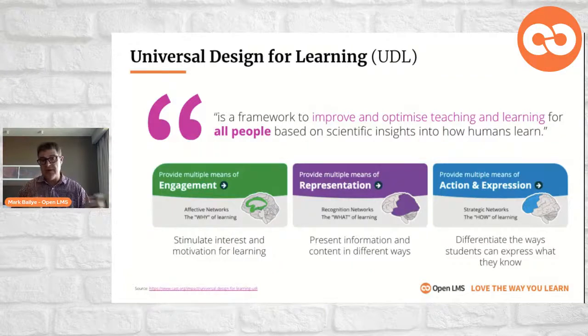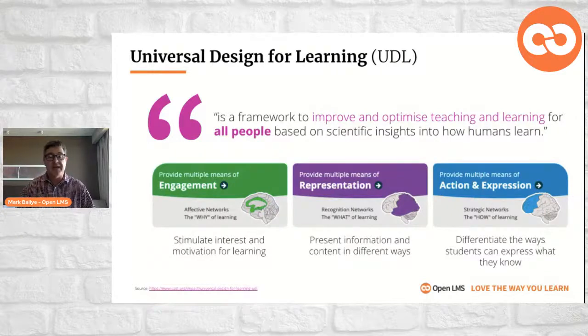There are three key areas. The first is engagement, the why of learning: as we create courses, how are we going to stimulate interest and motivation for learning with our learners?